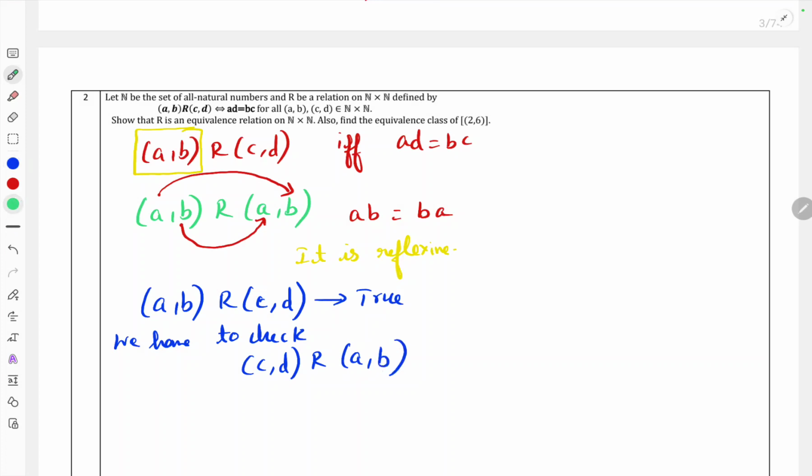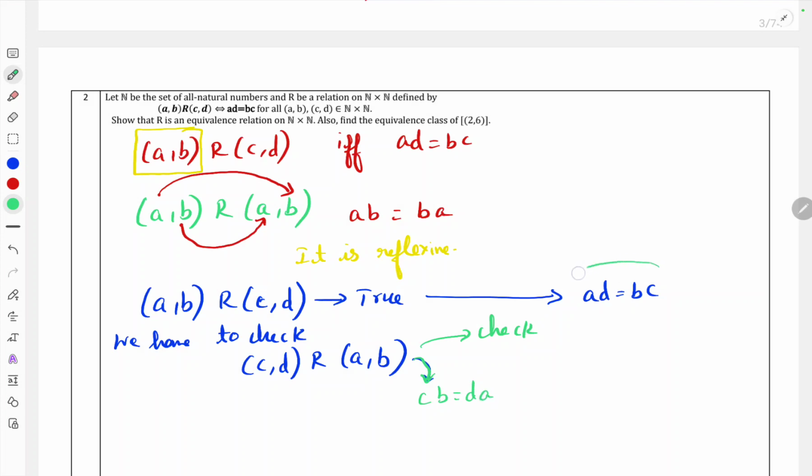This part we have to check. See here, if (a, b) is related with (c, d), then from the question ad will be equal to bc. From here, if this is true, what I have to actually prove here is cb equal to da. This is what I have to prove.